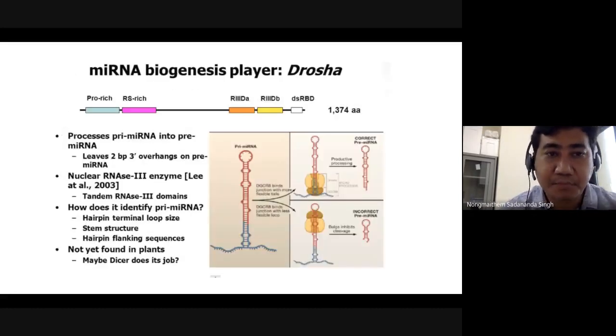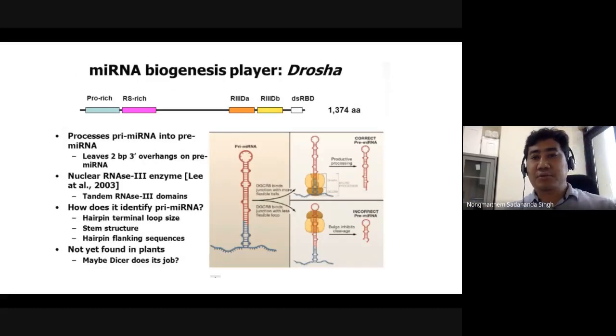particular target. So to go more into this aspect of microRNA biogenesis, we talked about Drosha, which is involved in the first step, the processing of primary microRNA to pre-microRNA.